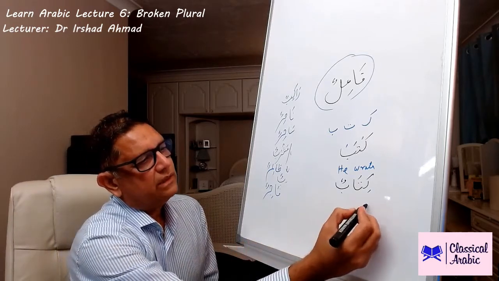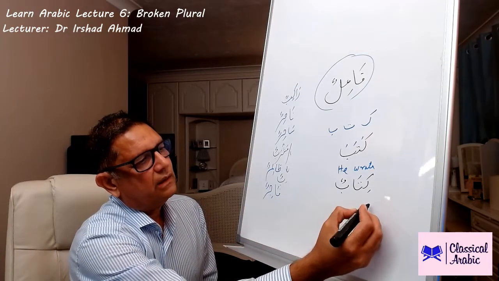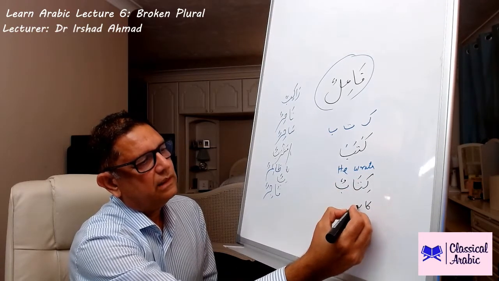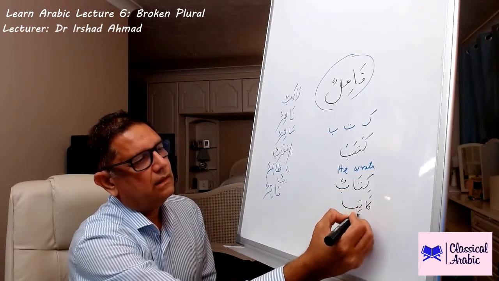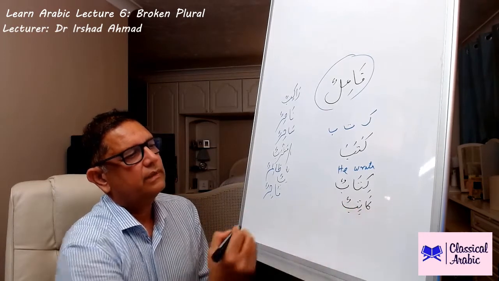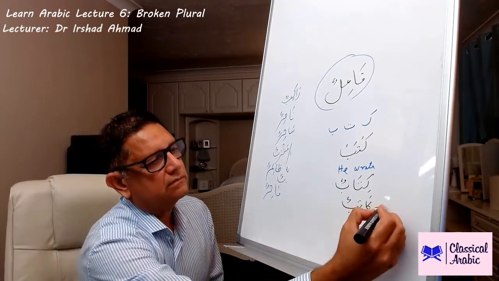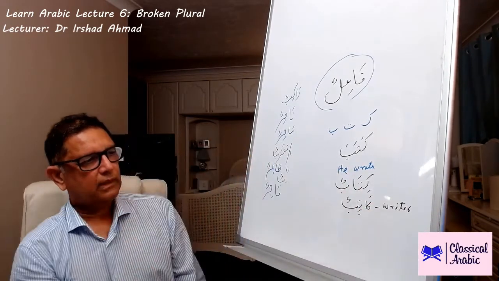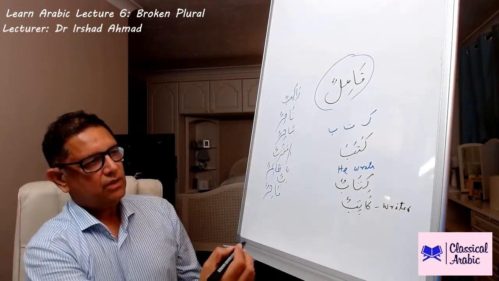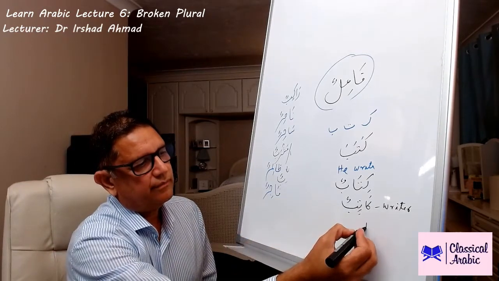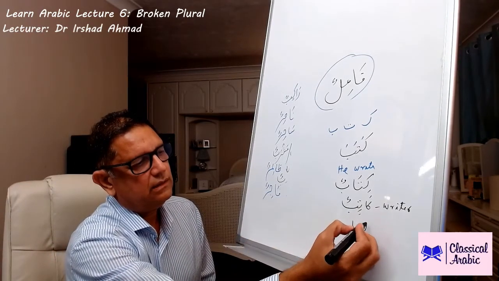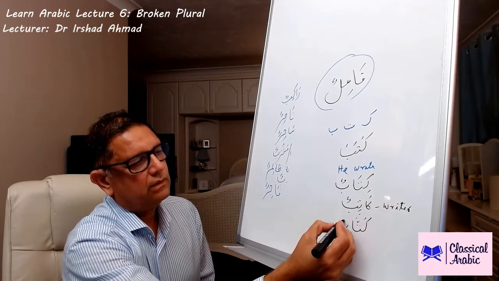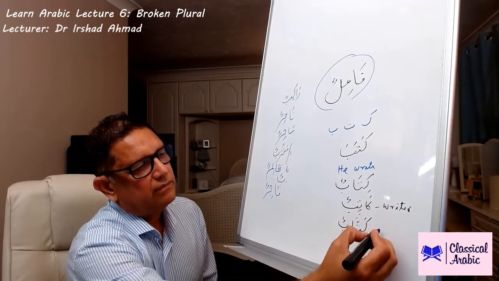We can also add alif after kaf, and that will be katibun, which means writer. A writer is something to do with writing. We can have another word from it, making ta double by giving shadda, katabun, and that will mean author.